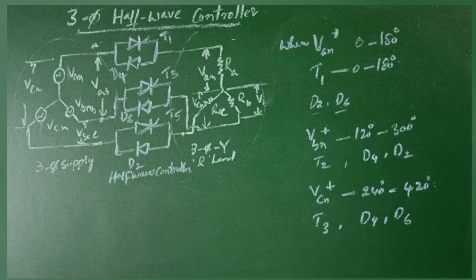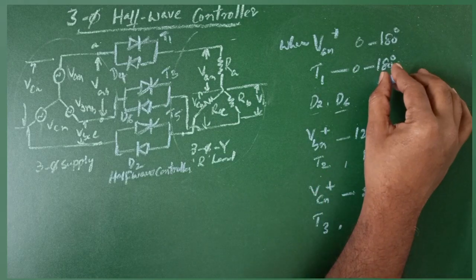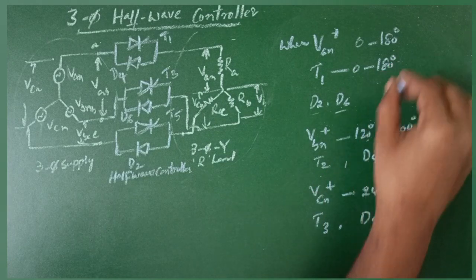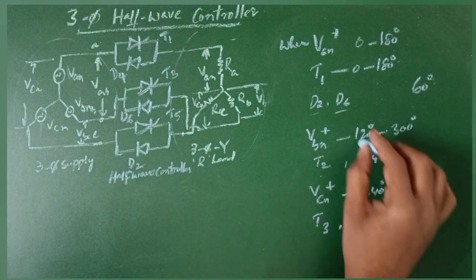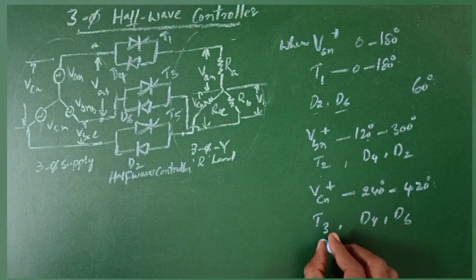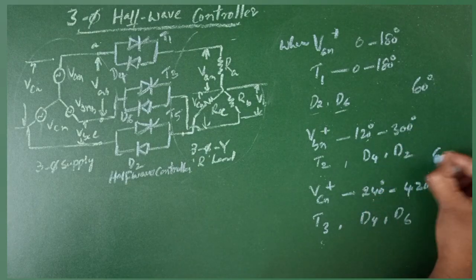If you observe here, T1 and T2 both can conduct between 120 degrees and 180 degrees, which is 60 degrees of overlap. Here also, T2 and T3 both can conduct between 240 and 300, again 60 degrees.